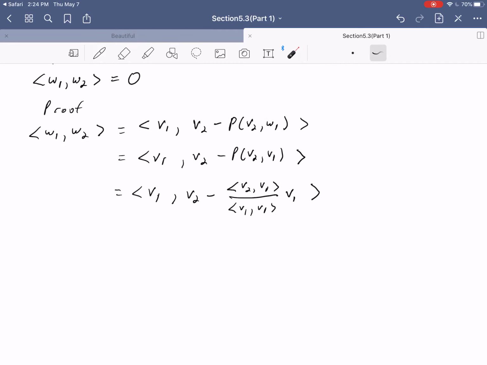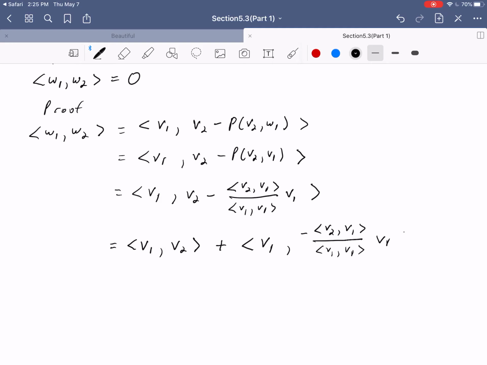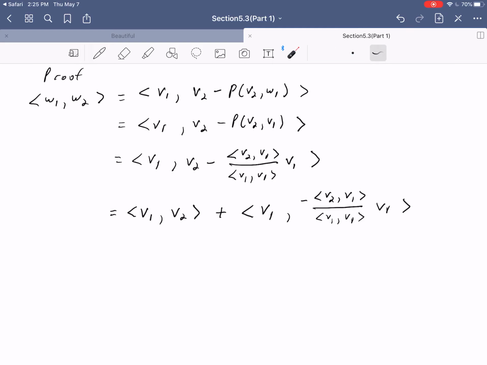Now, one of the properties we know for inner products is that you can split apart an addition in one component. So we can treat this as the inner product of V1 with V2 plus the inner product of V1 with negative V2 V1 inner product over V1 V1 inner product times V1. Another thing we know is that this negative inner product V2 with V1 over inner product V1 V1 is just some constant.